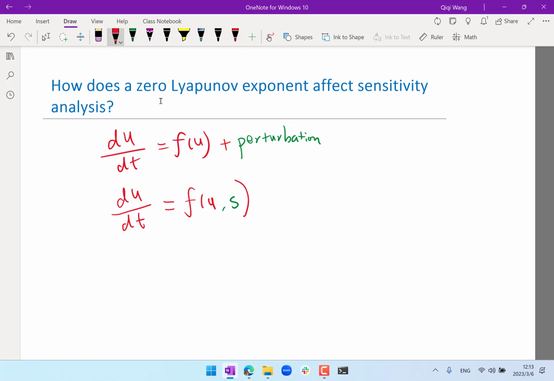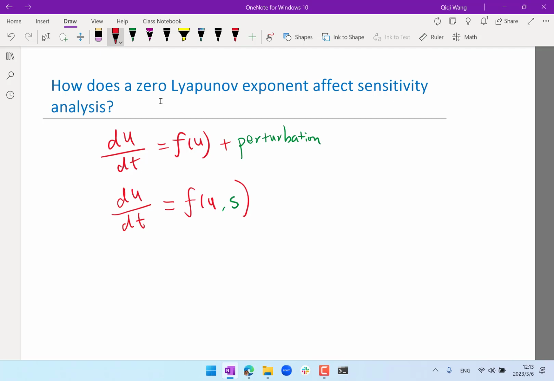For example, if you are just solving an ordinary differential equation, s might be a parameter that controls how accurate you are integrating the ODE, for example the tolerance parameter. That's an example of s. Or it could be a parameter in the definition of the ODE.